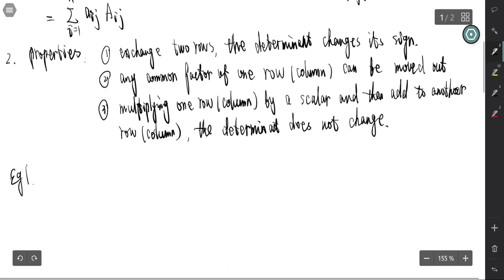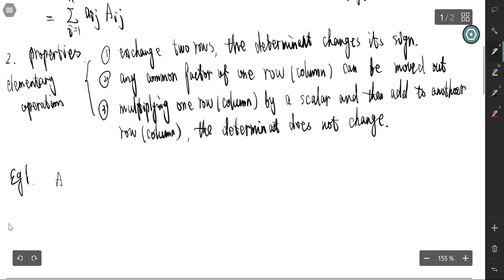Actually, we use row operations, or these three operations are called elementary operations. We use elementary operations to compute the determinant.